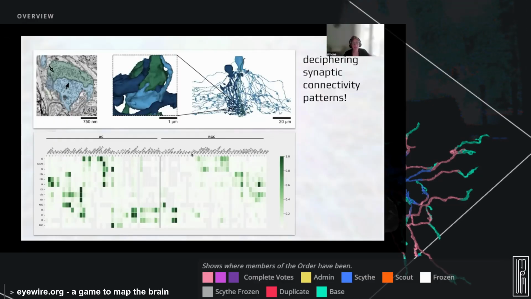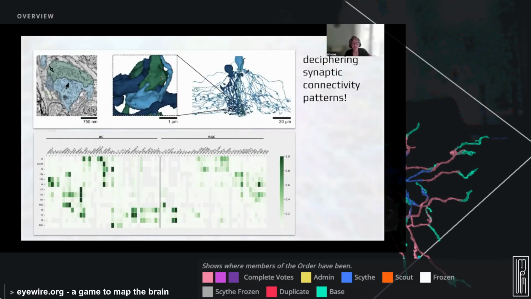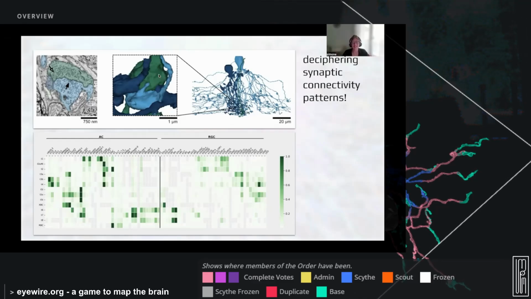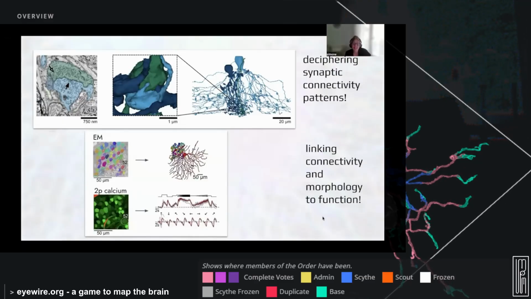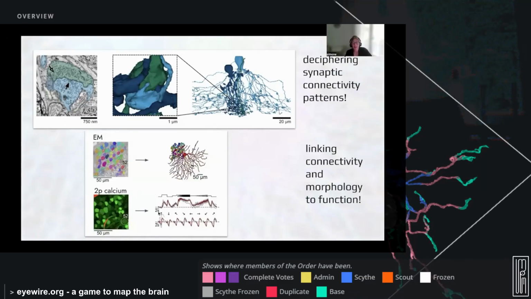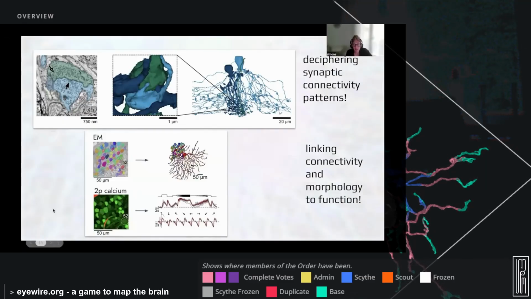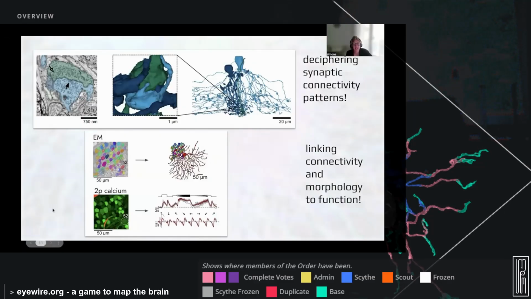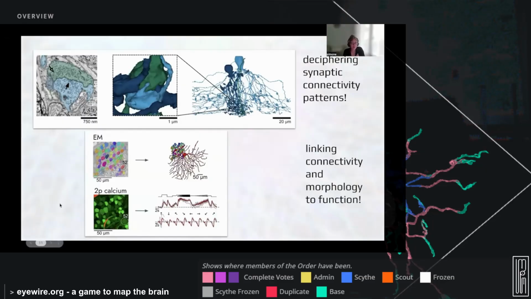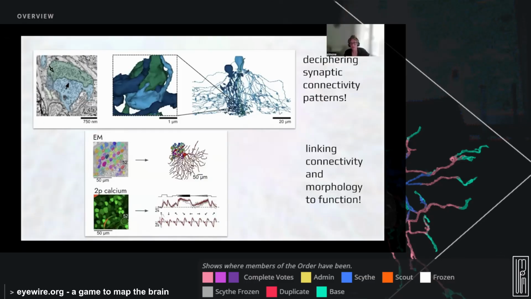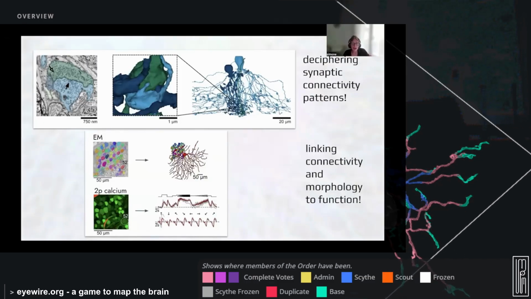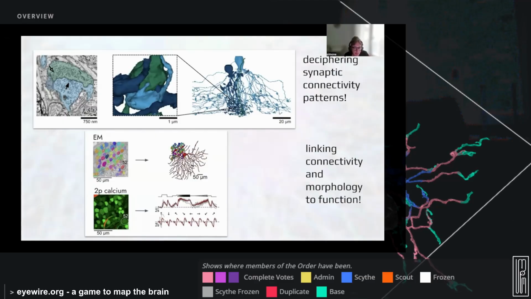And another very exciting area that we're looking at, if you click to the next slide, Celia, please. Yes, so another thing that we're really excited about is to link all that information to the functional data that are part of the EyeWire 2 data set. Celia mentioned that as well at the beginning. Many of the cells that are reconstructed have been recorded before, so the activity in response to a visual stimulation has been filmed.